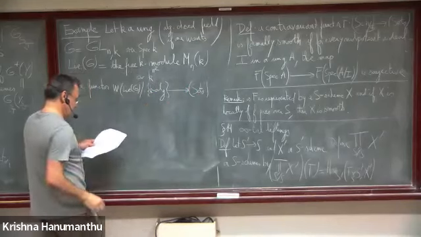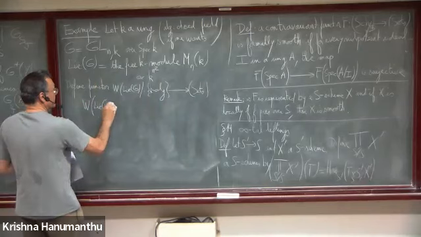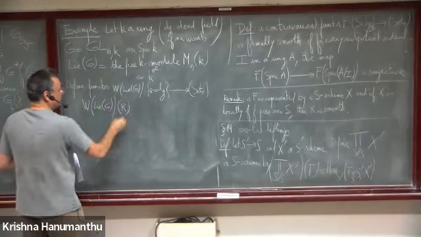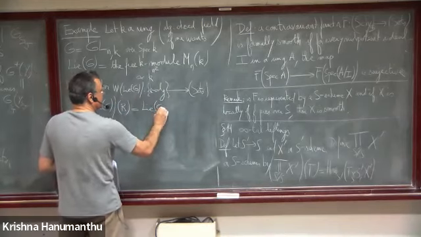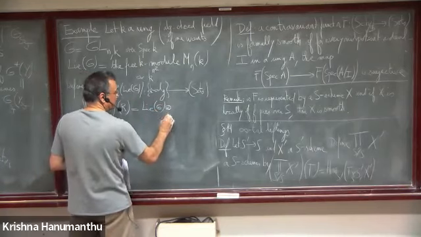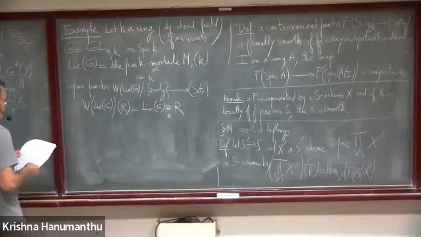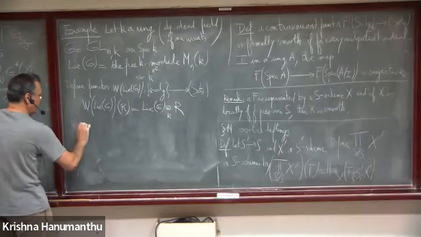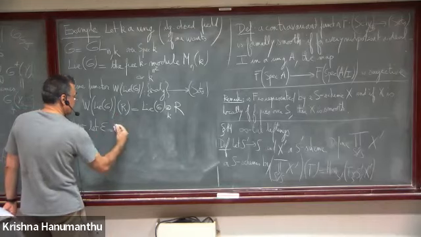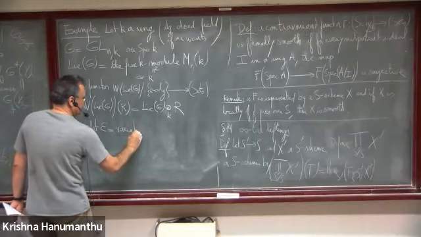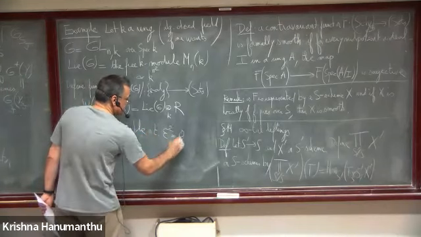And it sends a K algebra R to the K module Lie G tensor over K with R. That's a very easy functor. Now let epsilon be an indeterminate such that epsilon squared is zero.